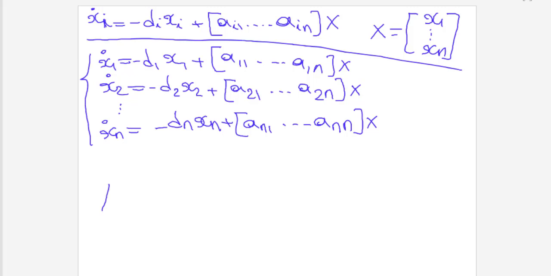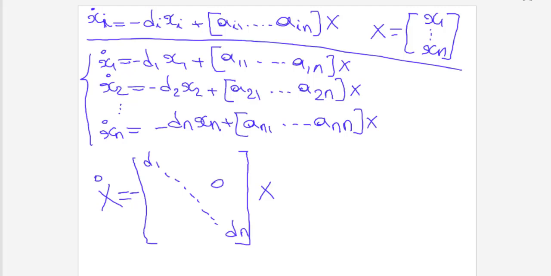X equal to x1 through xn. X dot equal to x1 dot through xn dot. We can write minus d1 through dn, the rest is 0, okay?